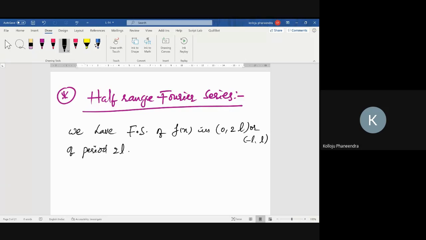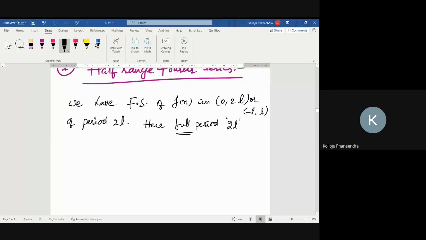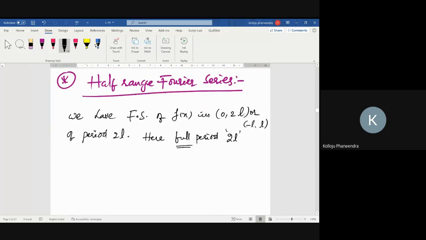This is also of period 2L. The length of the full period is 2L. Full range Fourier series is defined over the period 2L only. Now, half range means 0 to L, where the function is given only over half of the period.